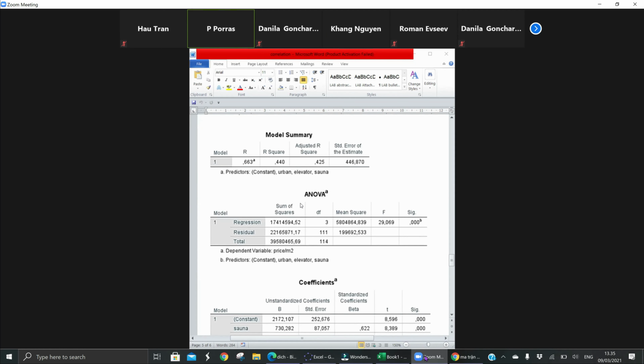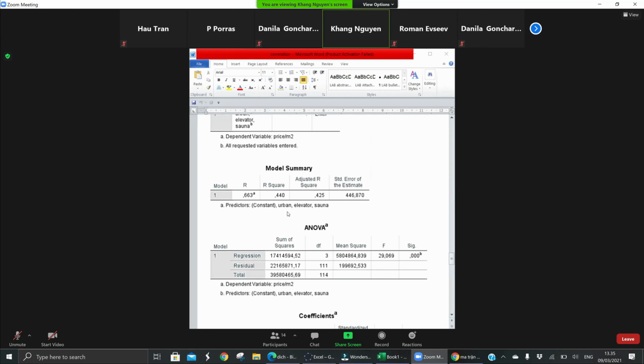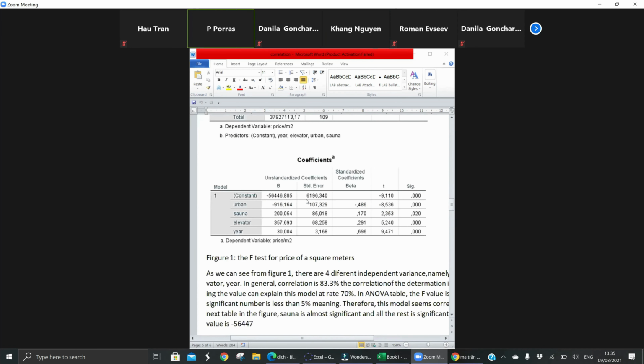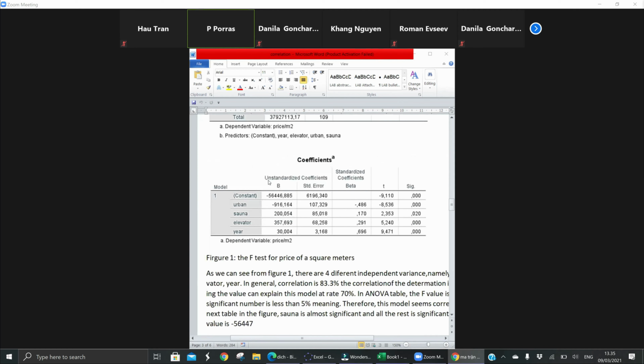Percent of R square. In this case, when I exclude the years, it is 44%. Show me the first table here. Okay, and then go down a little bit to that part. Why would you erase the year?